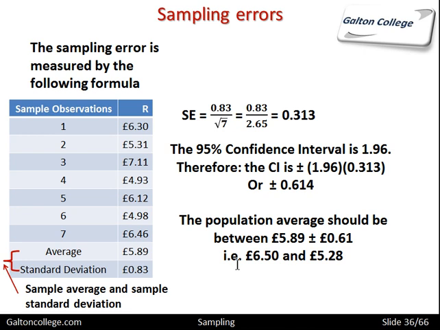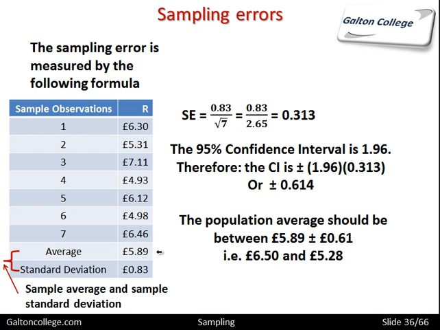And we're 95% confident that that is true. We're not 100% confident, because it is a sample, but we're 95% confident that that is true. And it's based on that simple calculation.